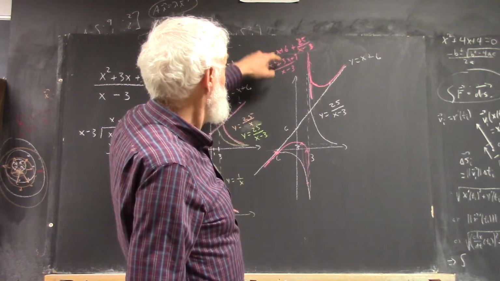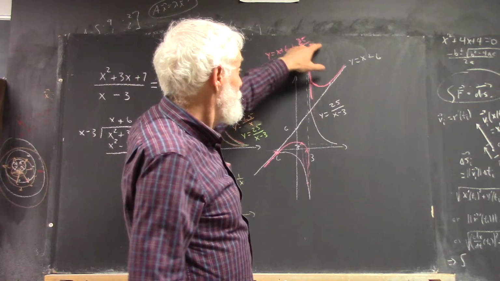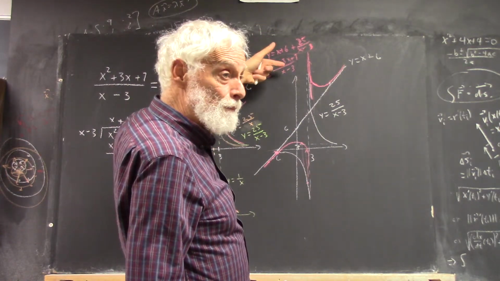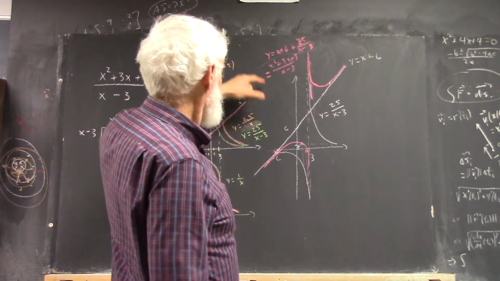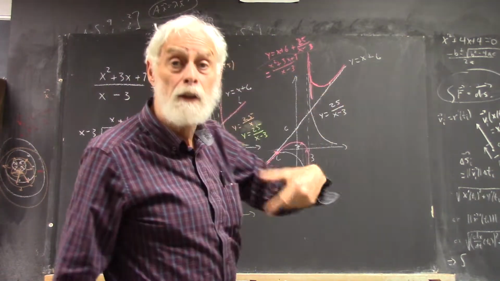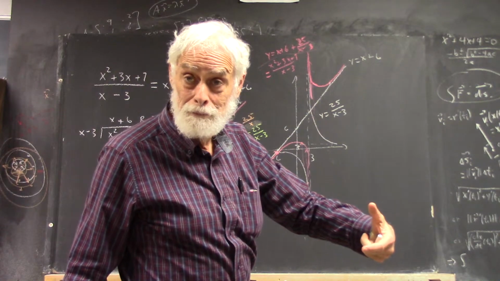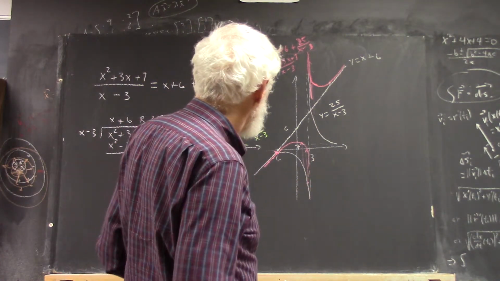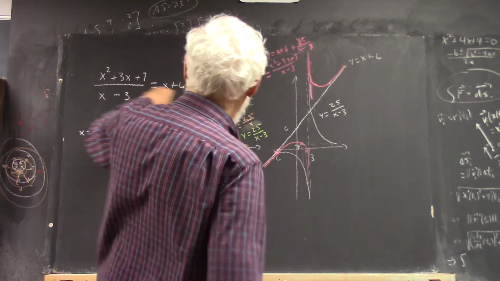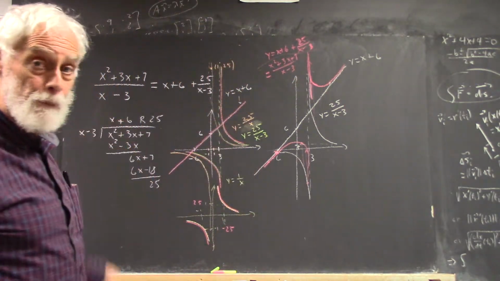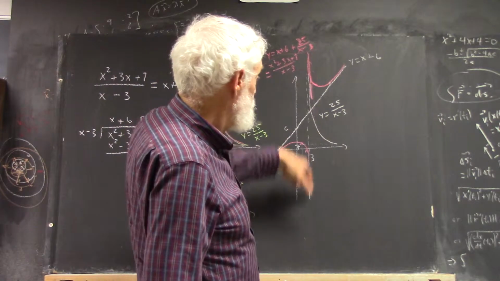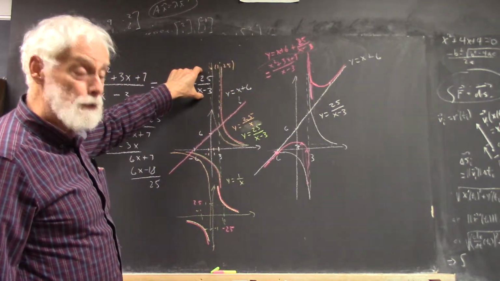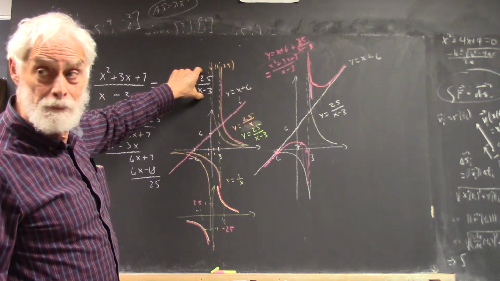If you've done the homework, you know if we multiply and put all this over common denominator x minus 3 and simplify it, it's going to come out the same as this, if I did the division right. So this red graph is the graph of this function. It has its asymptote at x equals 3 because this function has a vertical asymptote at x equals 3.